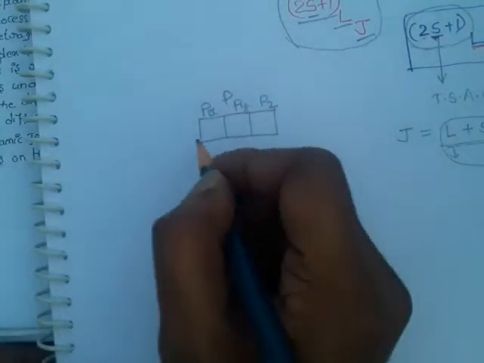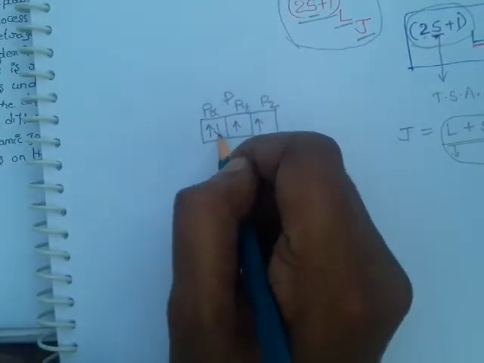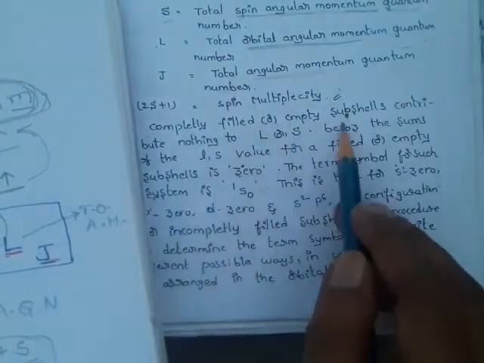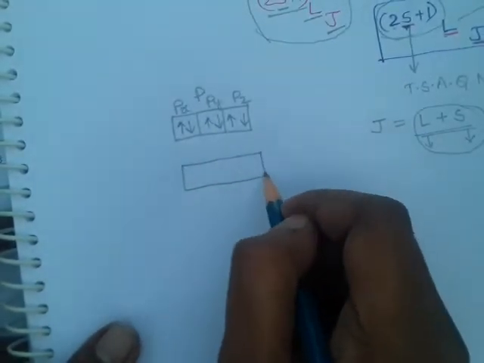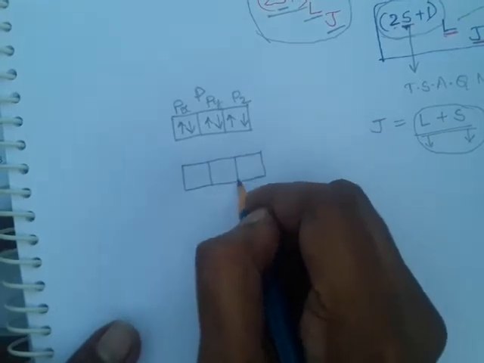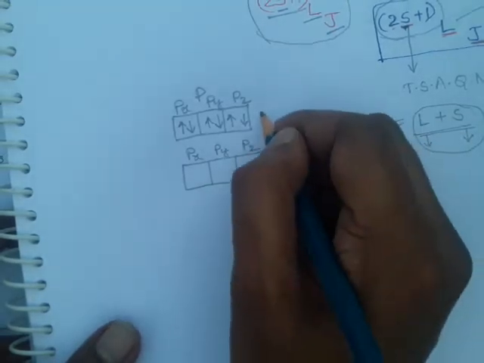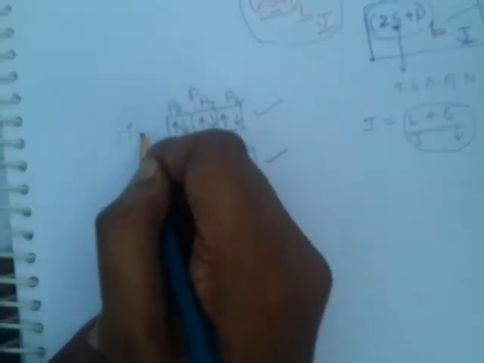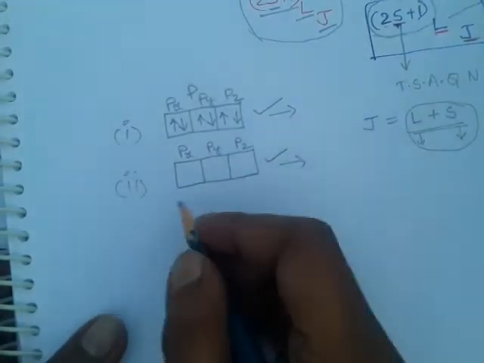Completely filled means all orbitals are filled with electrons, and empty subshells means there are no electrons in the p subshell. Case 1 is a completely filled subshell and case 2 is an empty subshell.